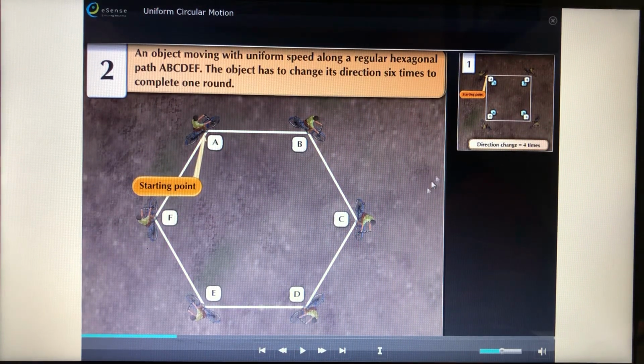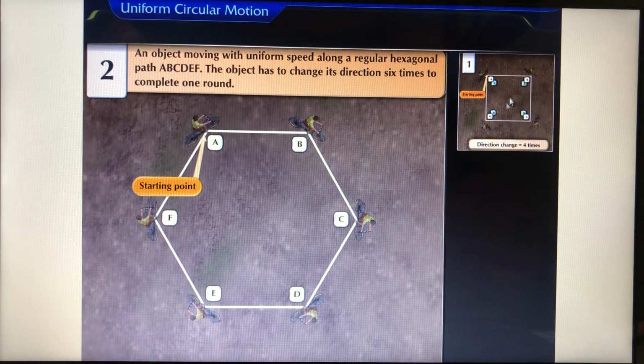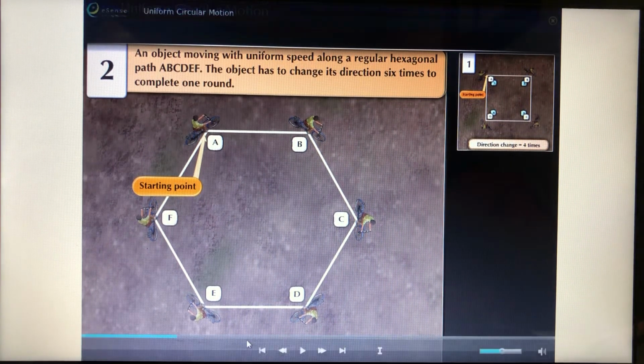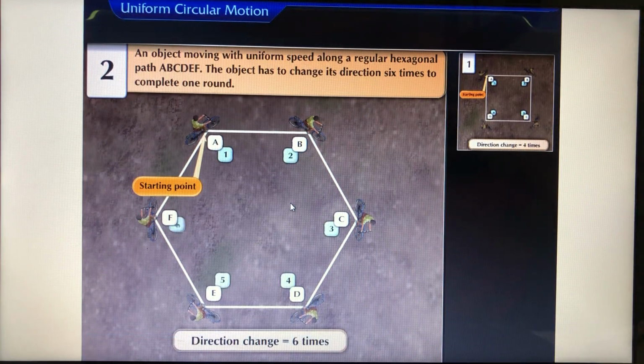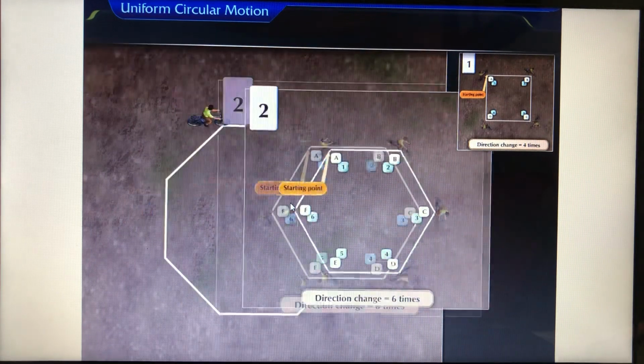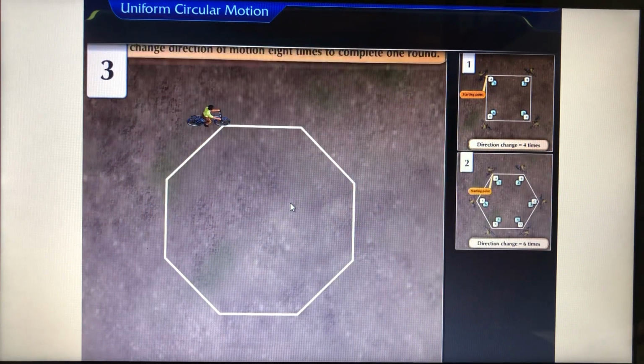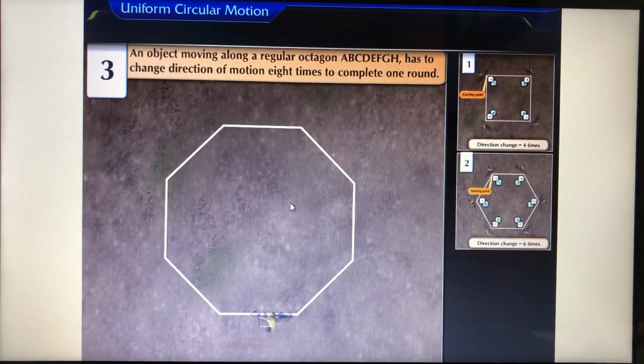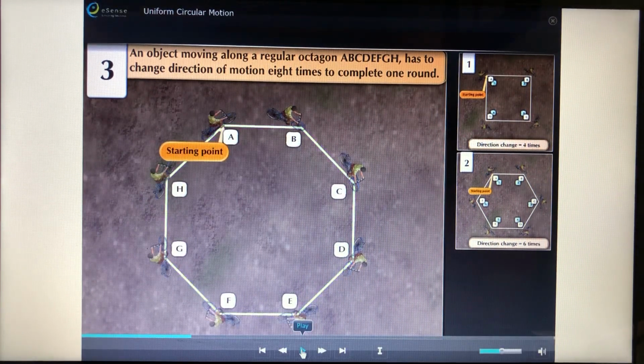In the first case we took a square. Now hexagonal means 6 sides are there, so direction changes 6 times. The object has to change its direction 6 times to complete one round. Similarly, if the object moves along a regular octagon ABCDEFG. Here one word is there, octagon. Octagon means 8 sides.